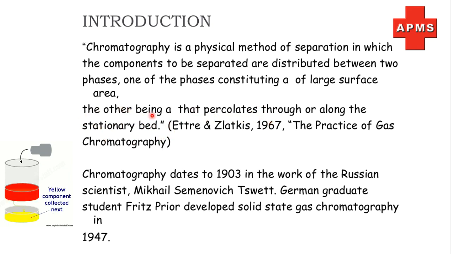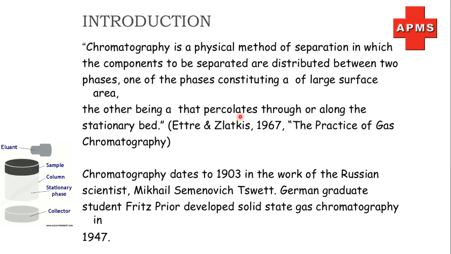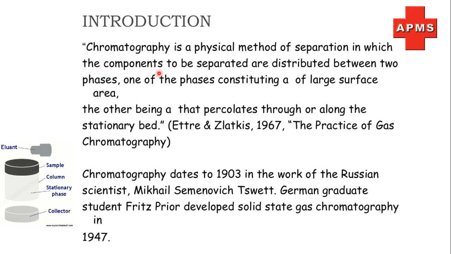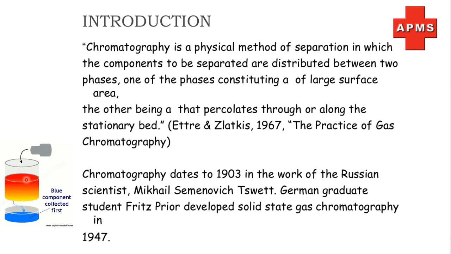So this second phase, the mobile phase, goes through or along the pores of the stationary phase, and in those pores or channels inside the stationary phase, this type of distribution happens for different components. For different components in a single mixture, this distribution is different. So due to this different distribution, they are separated as these components go through this column.